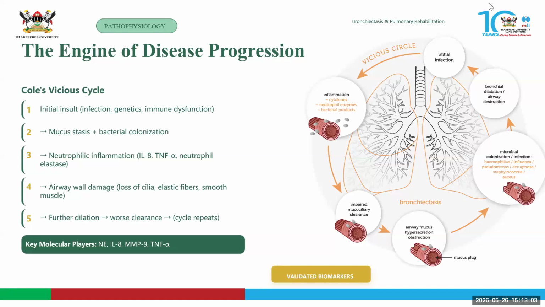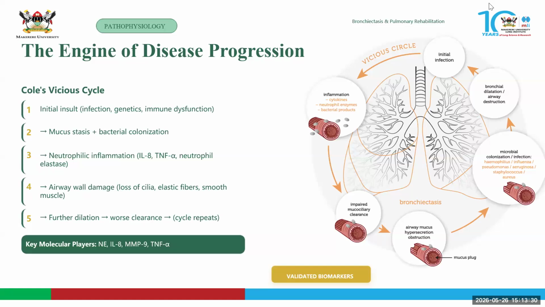And from this chronic inflammation, due to the different changes involved, we shall have an impairment in the normal function of the respiratory tract, which is the impaired mucociliary clearance. And with this, we shall have a stasis leading to mucus hypersecretion and obstruction.